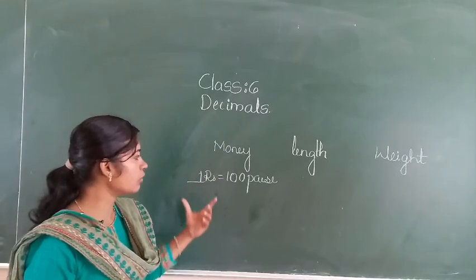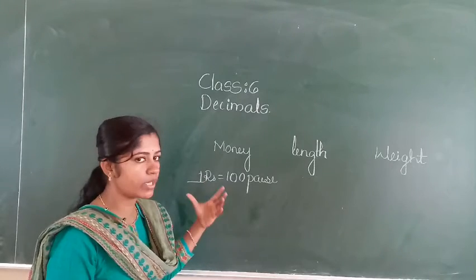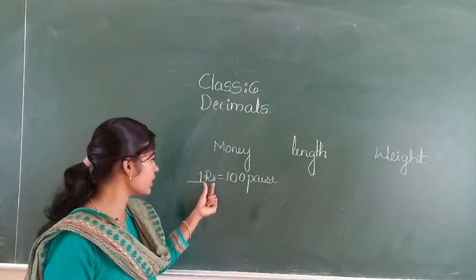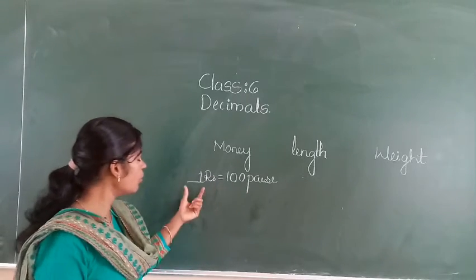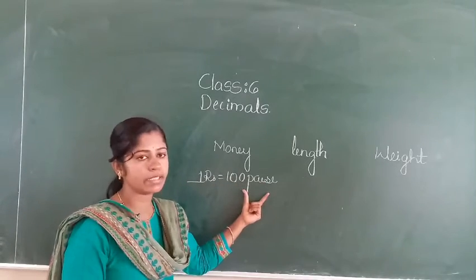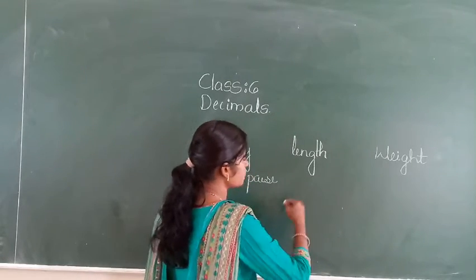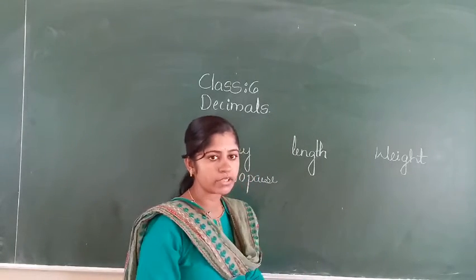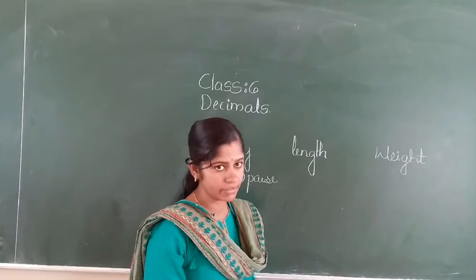Already you know we are using money in day-to-day life, and where we use money, we use rupees as a unit and paise also as a unit. So 1 rupee is equal to 100 paise. And where we are using length, we measure the length of the board or the length of a dupatta or a sari in meter or centimeter.